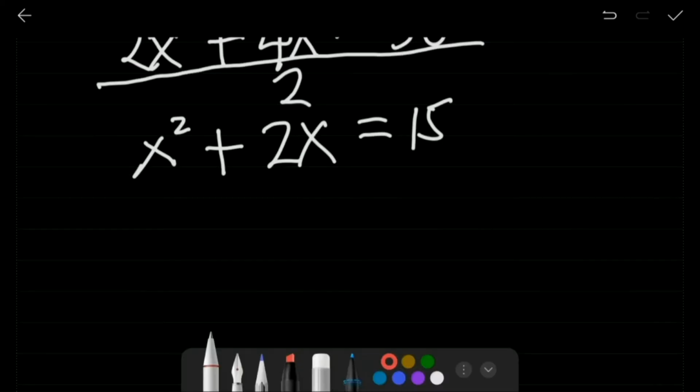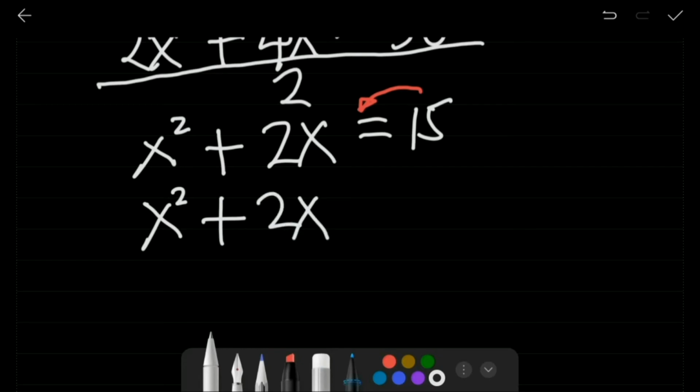We will transpose 15 to the left. So x squared plus 2x, positive 15 becomes negative 15, and that is equal to 0.